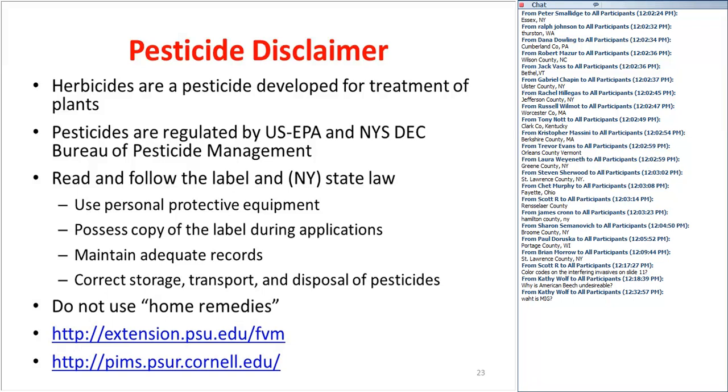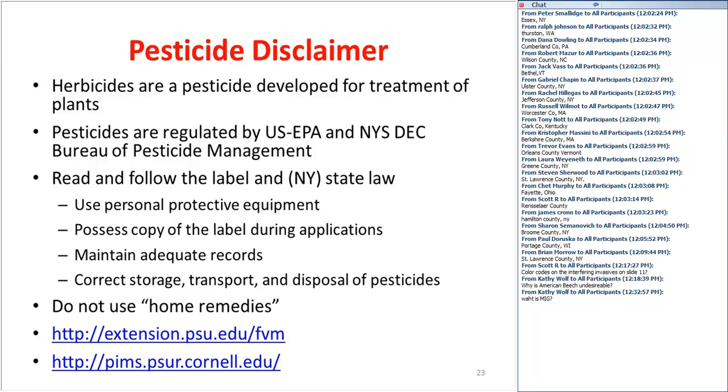Insecticides are a type of pesticide that control insects. Fungicides are a type of pesticide that control fungi. So you get the idea. The U.S. Environmental Protection Agency approves labels and regulates the development of pesticides, and they delegate that regulatory function to state agencies.